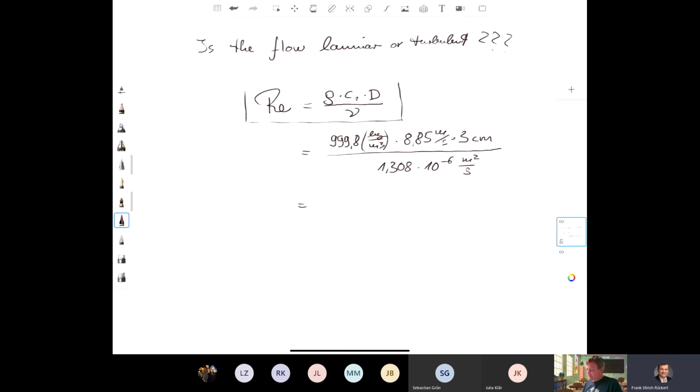And now I calculate it, and be careful here with the centimeters.